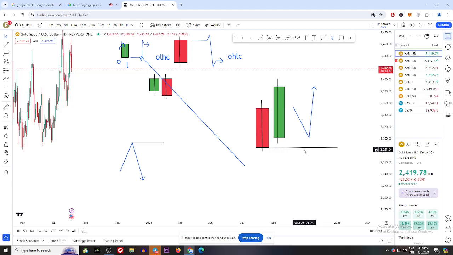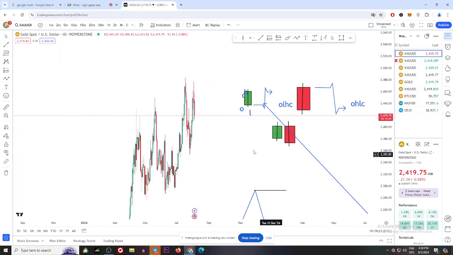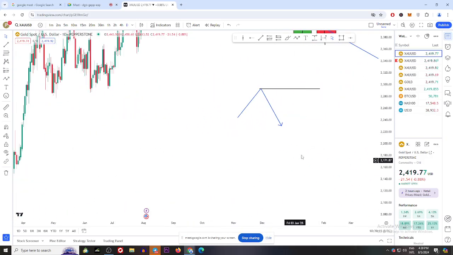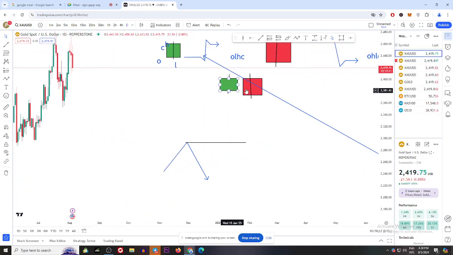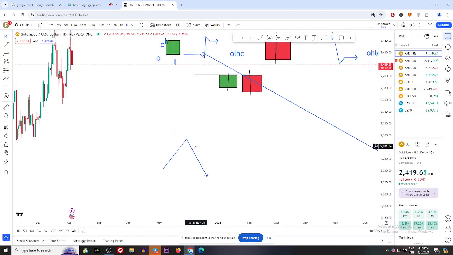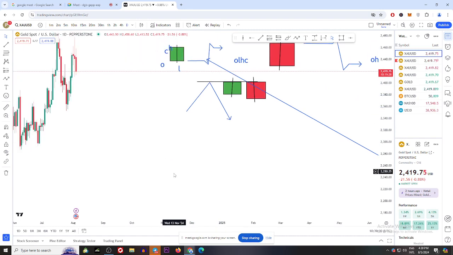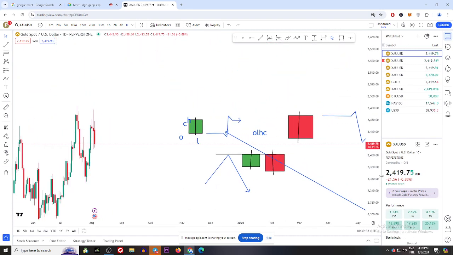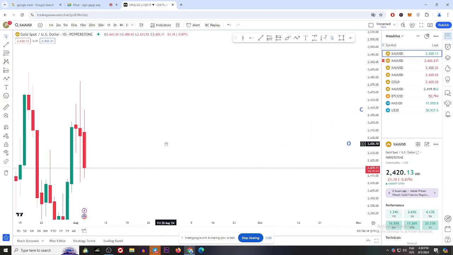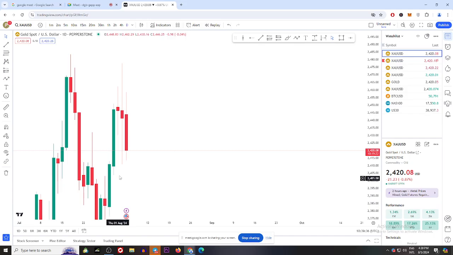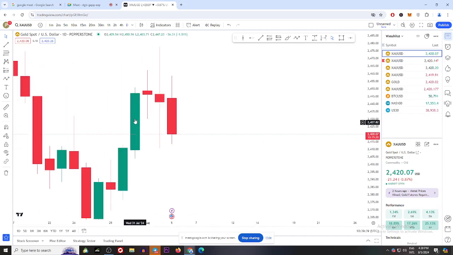Now, if you want to look at some examples, when we have a green candle and a red candle, that gives us an A shape, and we call it a resistance. If you look here, this is a very recent chart and a very recent example. Whenever we have a green candle and red candle, it will give us an A shape.